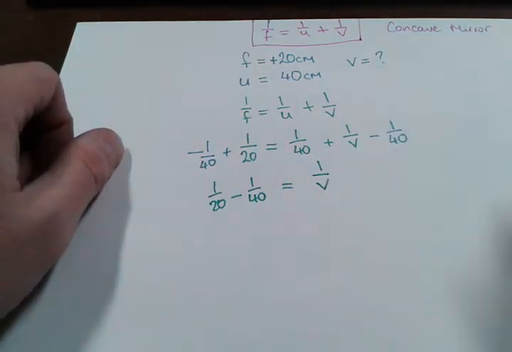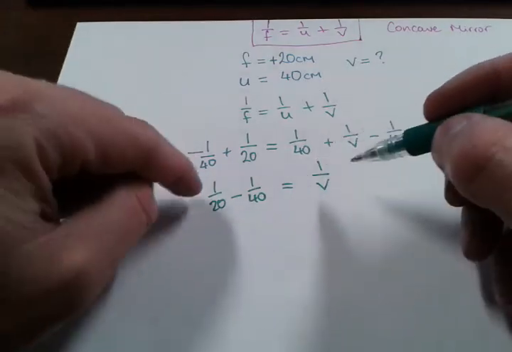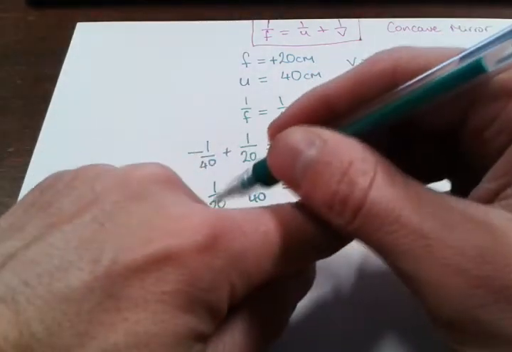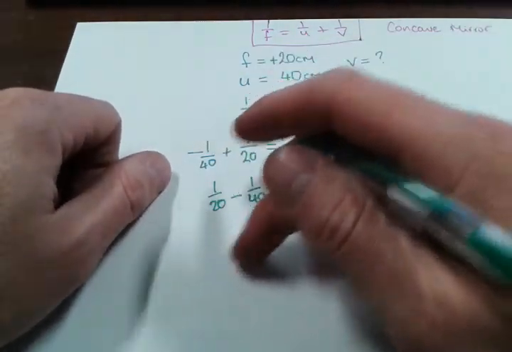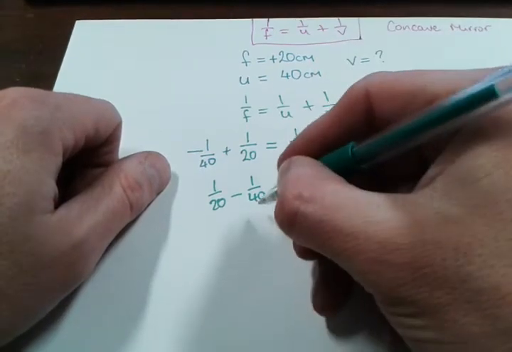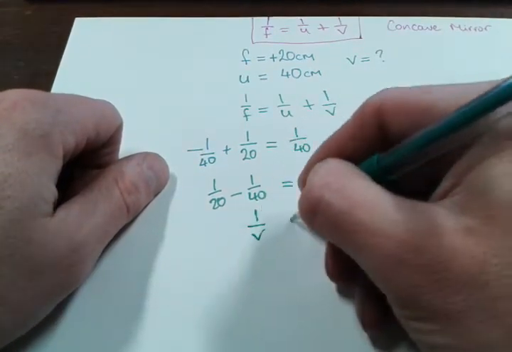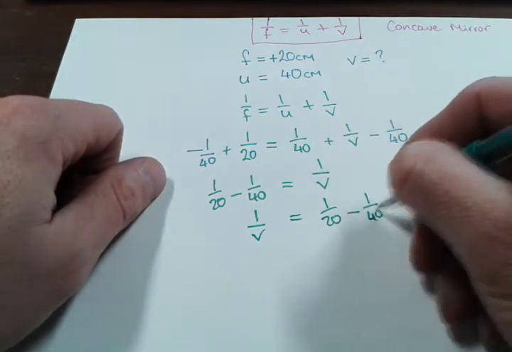Okay, so I've got my 1 over v term on this side. That's fine. Now some people might prefer to move everything over to the other side because they like having the unknown variable on this side and whatever other figures they're working with on the other side. So let's do that. 1 over v is equal to 1 over 20 minus 1 over 40.